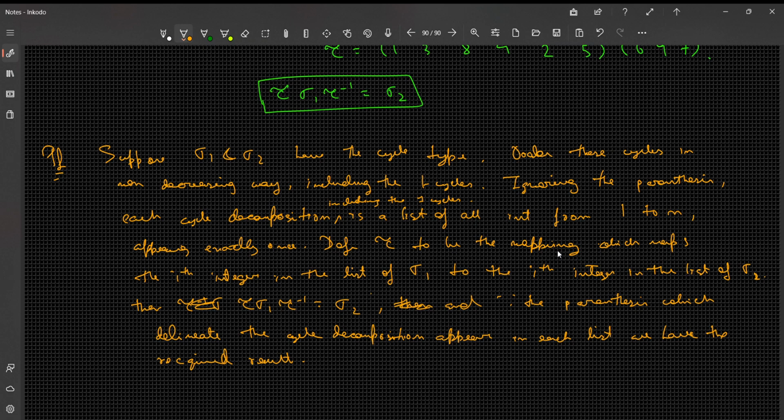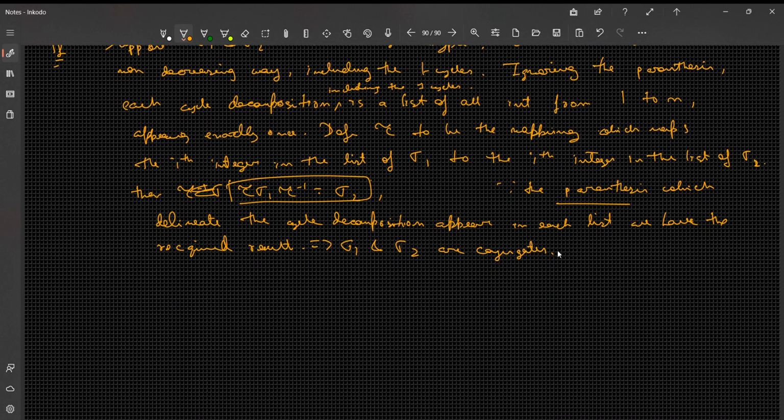Clear? So I should remove the word 'and' here. Since this happens, we have the required result, which implies sigma 1 and sigma 2 are conjugates. Clear?